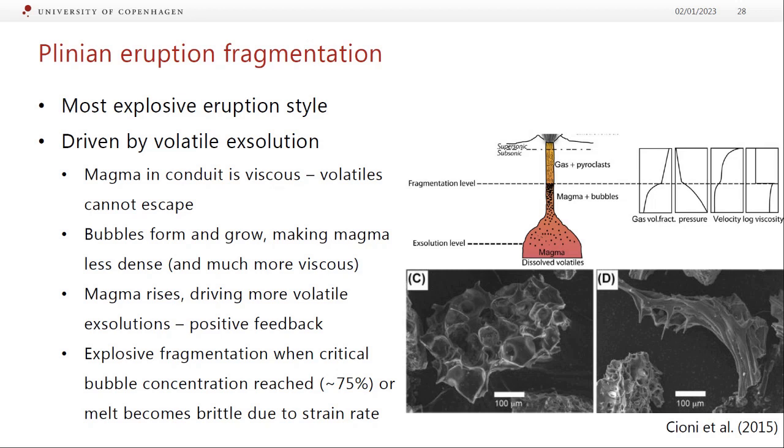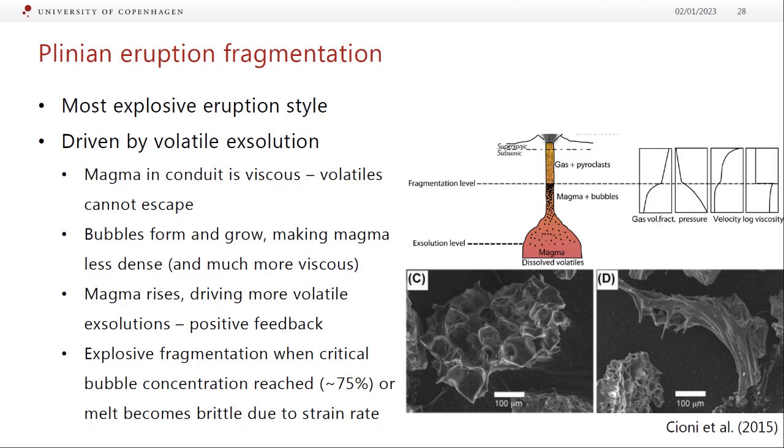So Plinian eruptions are the most explosive eruption style, and these are driven basically just by volatile exsolution. What's happening is that the magma in the conduit is very viscous, and so as volatiles are exsolving, they can't escape. So these volatile bubbles form and grow, and as they're exsolving, the combination of the magma plus the bubbles is less dense than the rock around it, so the magma begins to ascend.